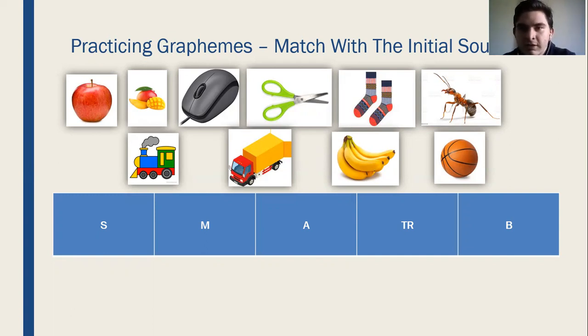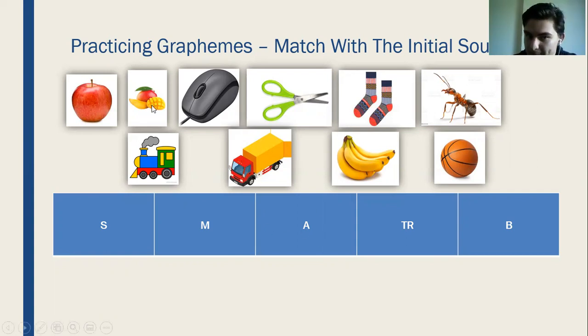What I want you to do here is match the images with the initial sounds of these images. The initial sounds we have are S, M, A, T, R, and B sounds. Let's look at what this image is. It's an apple, so it goes under the category of A here.